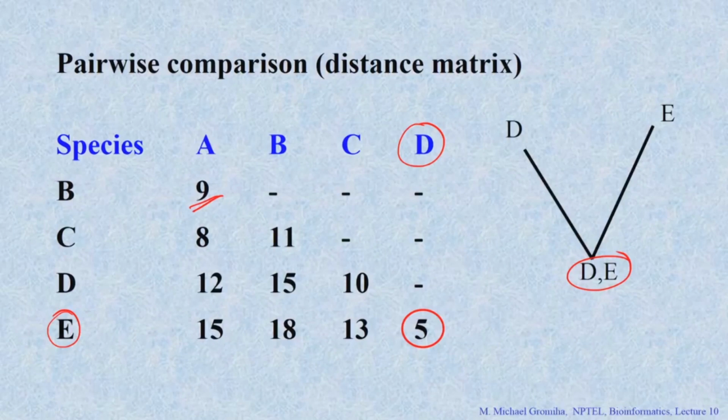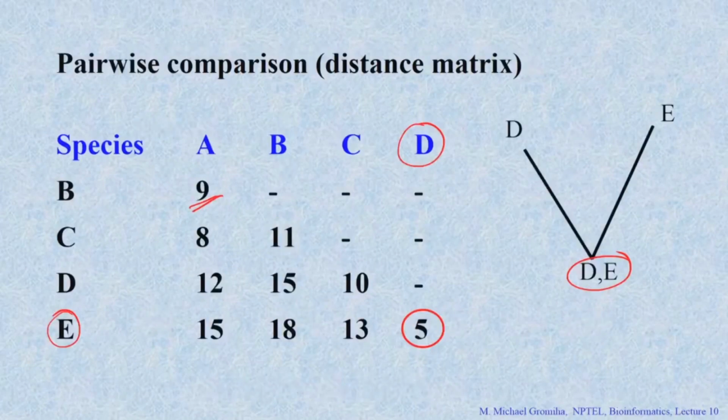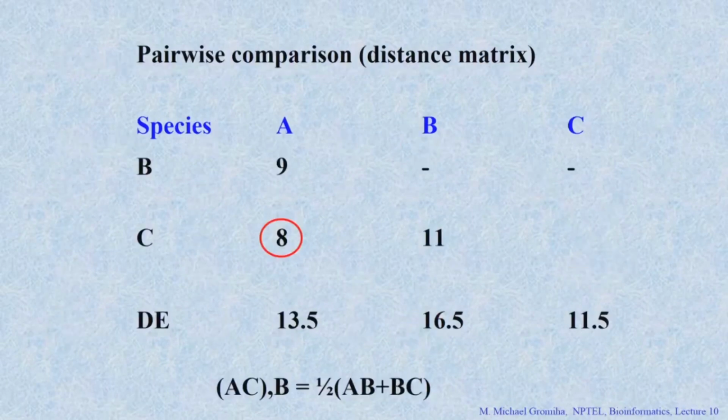Now, what to do? You combine this DE with all other species A, B and C. How to do this? You take the average, right. For example, B and A we do not make any changes, because we need to combine D and E. So, here we put the 9 as it is, and B and C we do not touch.